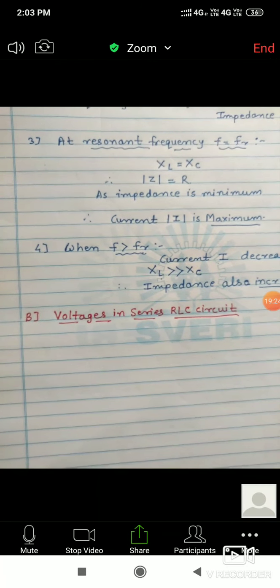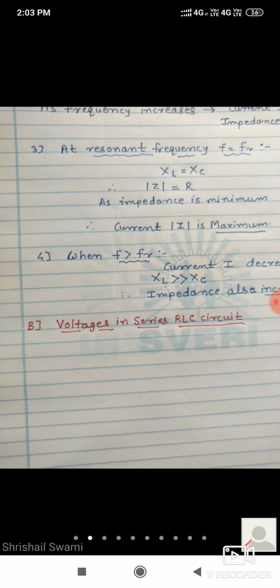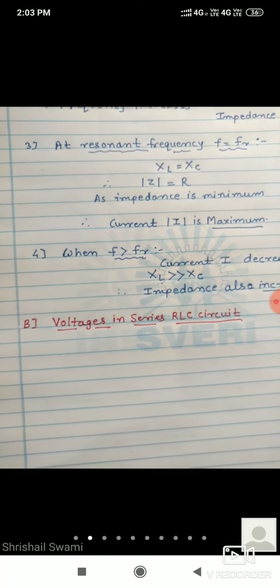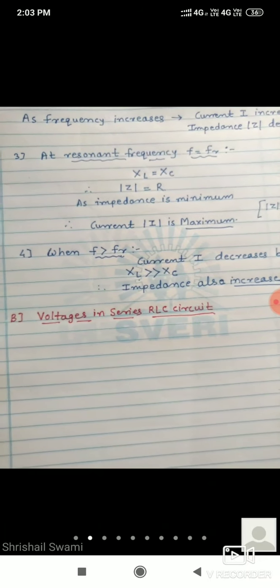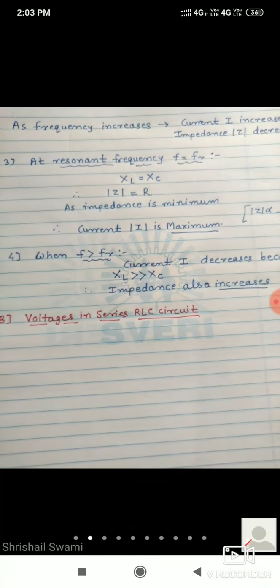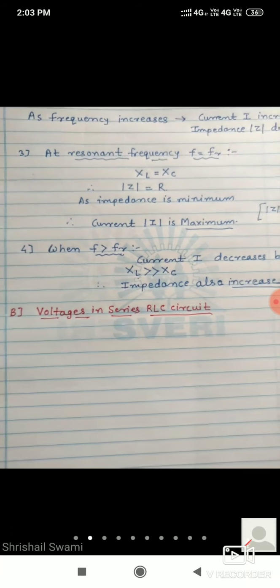I will tell. Three important ones are there: VR, VL, and VC. Okay. So we are comparing with respect to what? Frequency. These three voltages we are again going to compare with respect to what? Frequency. Okay. So I will draw the graph now.